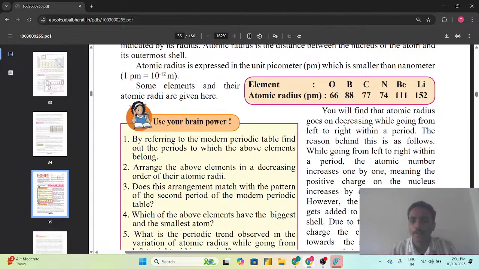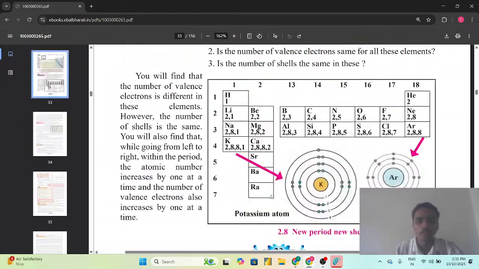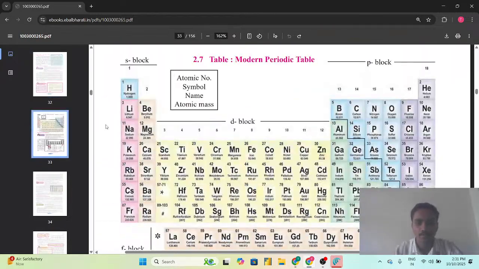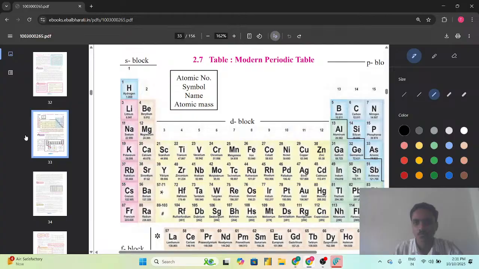You will find that the atomic radius goes on decreasing while going from left to right within a period. This is again one important part which we have to focus on.